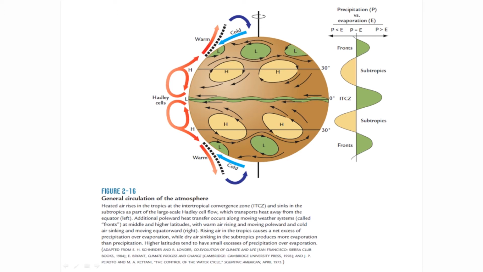The other thing to notice is that as the air is trying to come into this region where the air is rising, it is being deflected by the Coriolis. So, if it is coming from north to south in the northern hemisphere, it is being tilted to the right, and from the southern hemisphere it is being tilted to the left. So, you end up with these so called northeasterly and southeasterly winds.